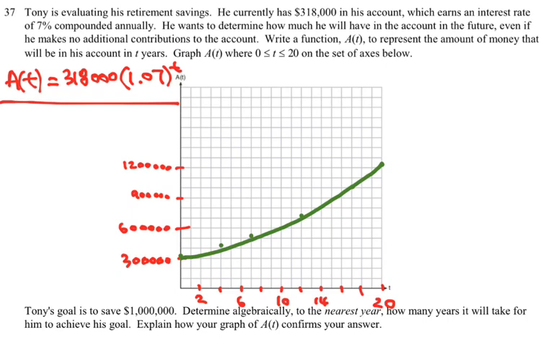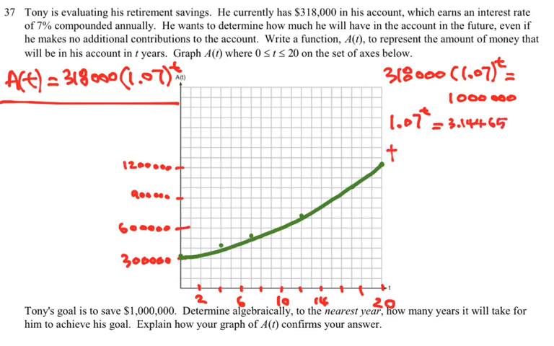Now, Tony's goal is to save $1 million. So algebraically, what are we going to do? We can say, hey, this function should be equal to 1 million. Then we're first going to divide by 318,000. Then it's about 3.144.